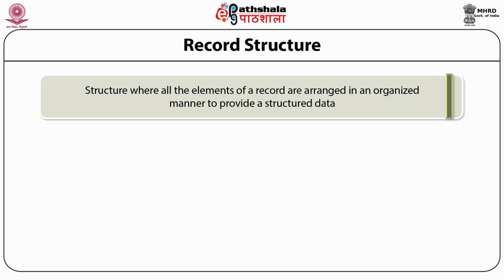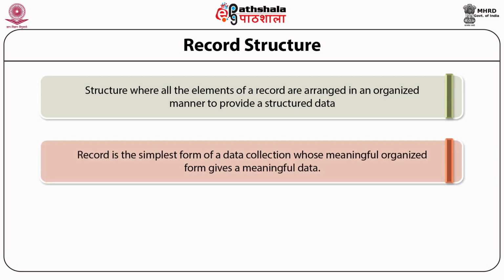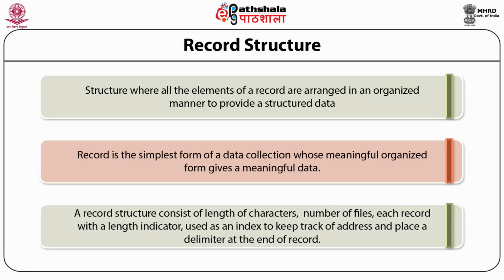Structured data is what we call a record in a database management system, and it is the simplest form of data collection, whose meaningful organized form gives meaningful data. A record structure normally consists of the length of characters, number of fields, and each record with a length indicator used as an index to keep track of the address, and a delimiter placed at the end of the record.